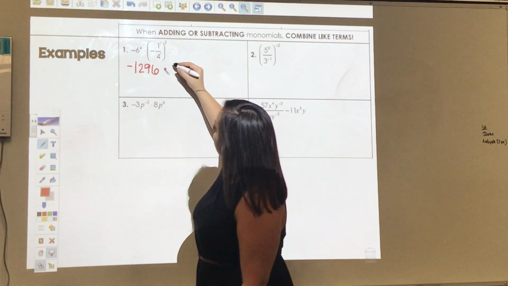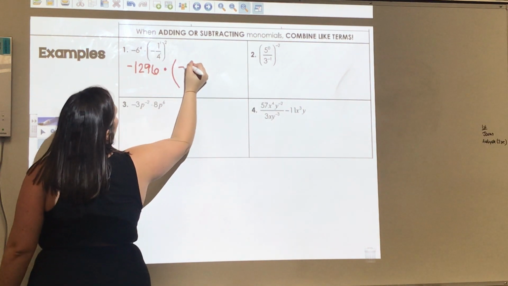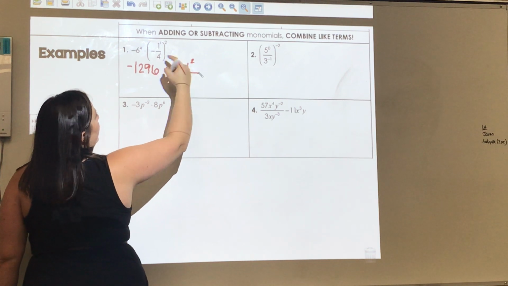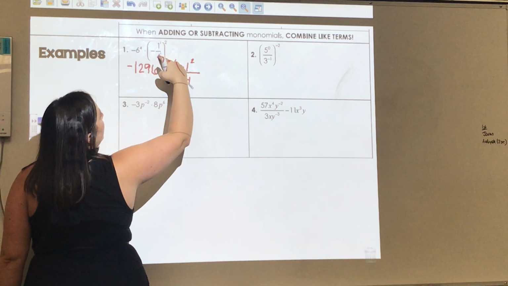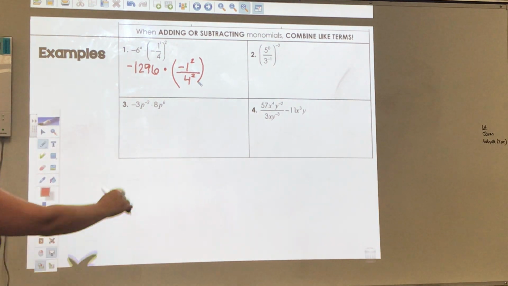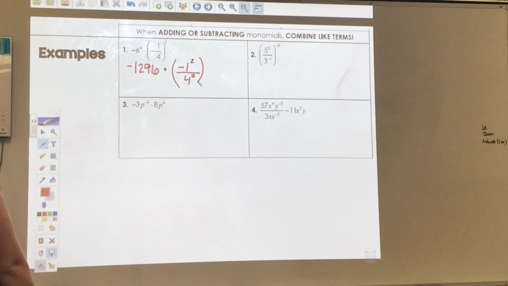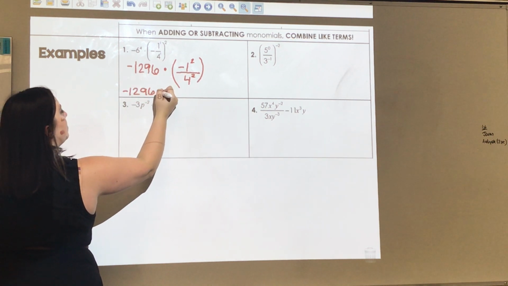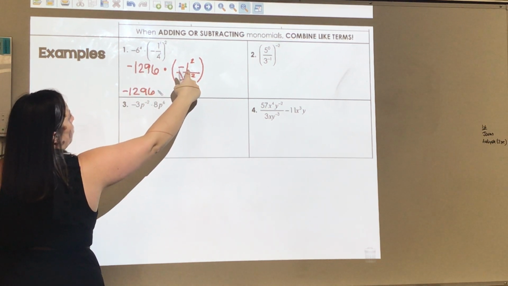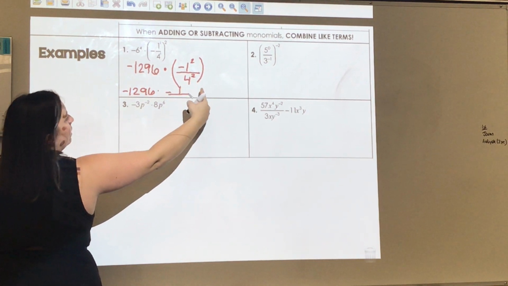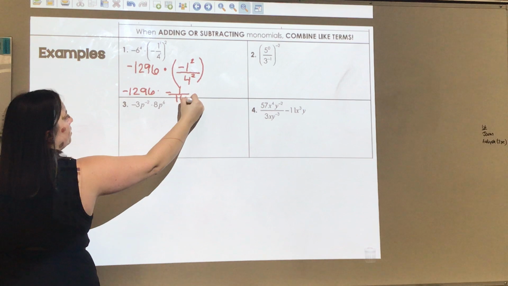So this is going to become negative 1 to the second power, good. And then 4 to the second power. I should have put that negative down here. Oh well. So now we've got negative 1,296 times negative 1 squared is just going to be a negative 1. And then 4 squared is 16.